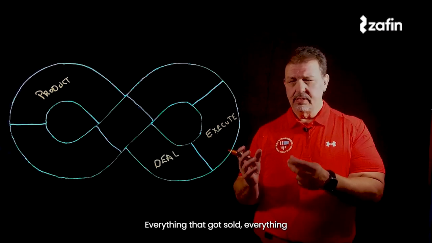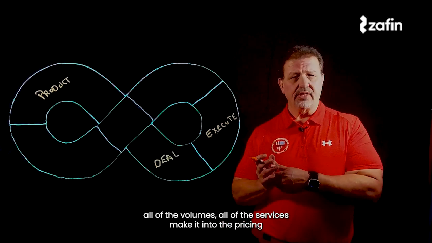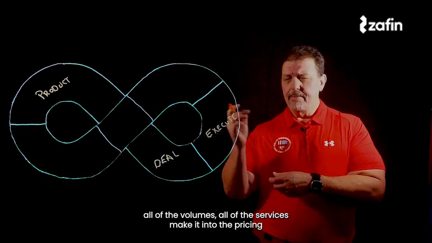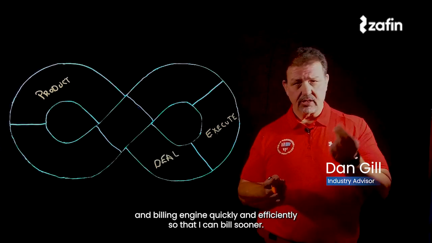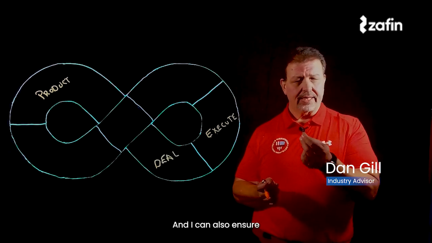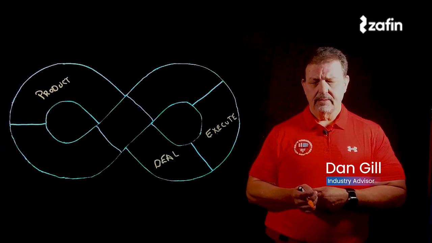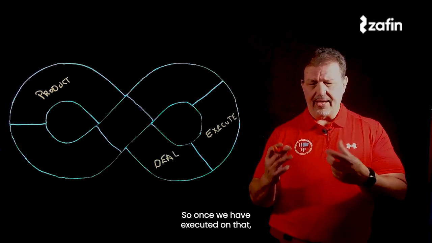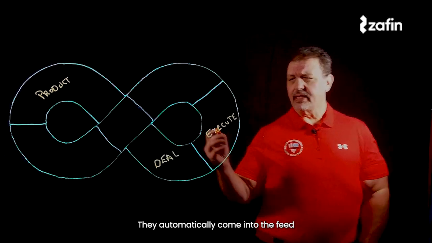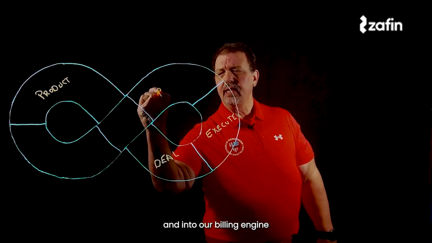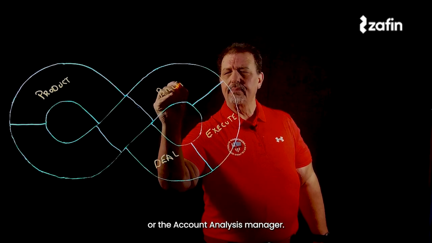Everything that got sold, everything that got committed to, all of the prices, all of the volumes, all of the services make it into the pricing and billing engine quickly and efficiently so that I can bill sooner, and I can also ensure that I'm not going to have errors on the bills I send to my customers. So once we've executed on that, the customer starts using their accounts, transactions happen, they automatically come into the feed and into our billing engine or the account analysis manager.